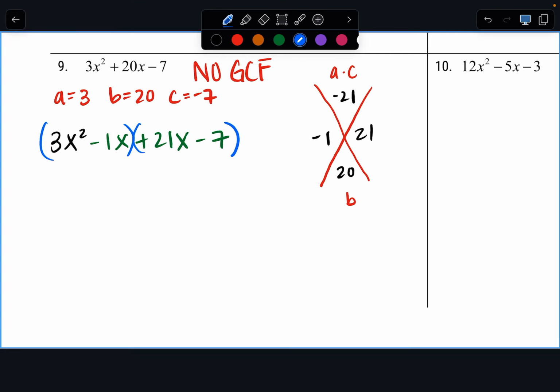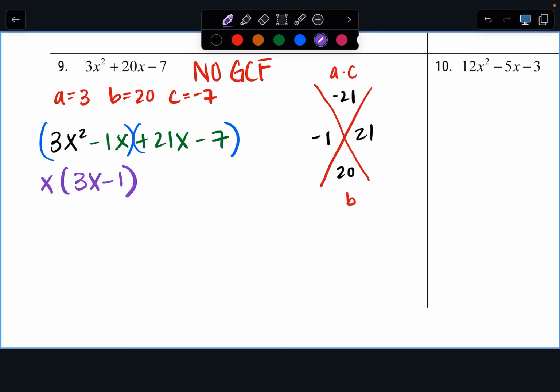Okay, let's see. I saw a lot of people with the correct answer, so let's kind of walk through this really quick. If you did not get there, we need to stop talking. The longer you talk, the longer this takes, the less time you have. GCF of my first group is an x: 3x minus 1. GCF of my second group, this is where I said it's important to pay attention to, is it a positive or is it a negative?